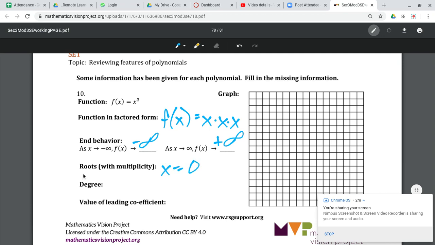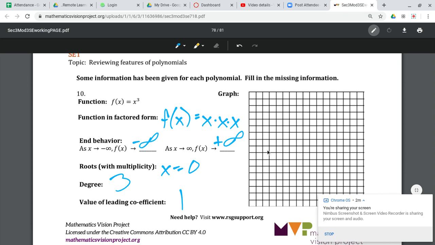Remember, roots are the same thing as zeros. So where does our y value equal 0? All right, the degree. Remember, the degree is the exponent. So the degree is 3. And the leading coefficient is the coefficient on the variable with the largest exponent. We only have one variable here with an exponent, so the leading coefficient is the number out in front. In this case, it is 1.